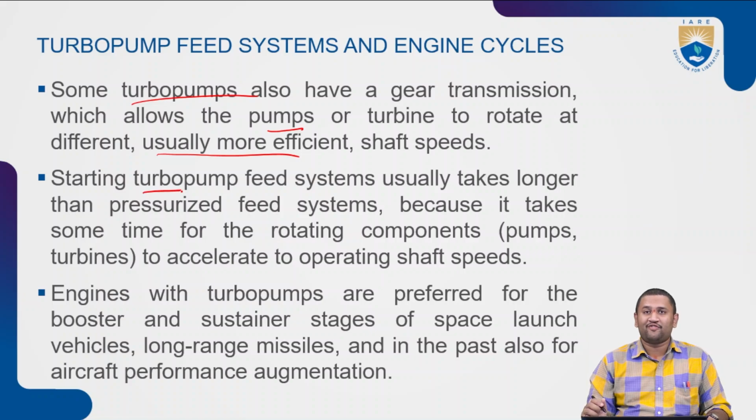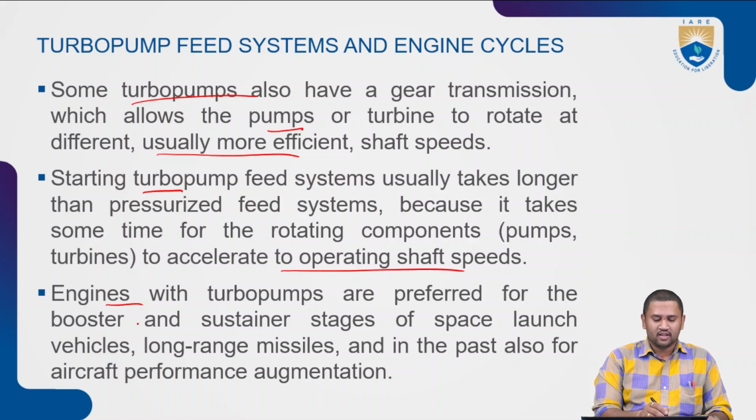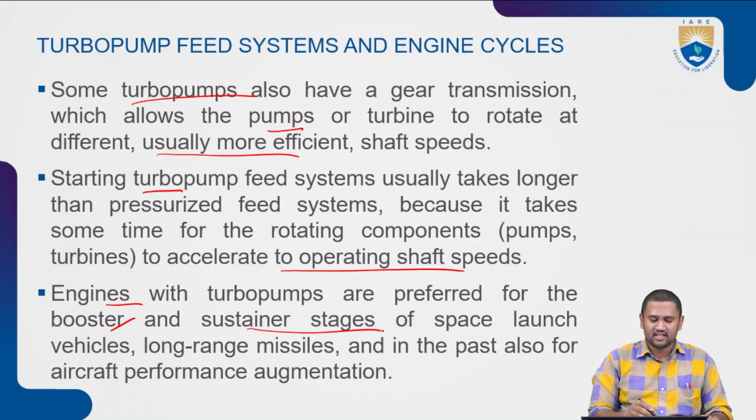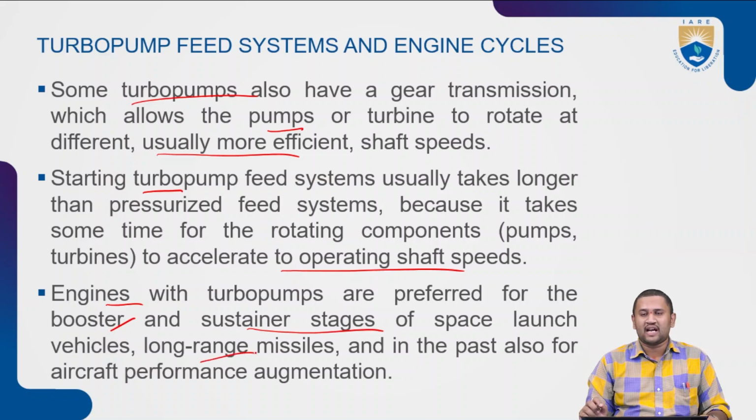Starting a turbopump feed system usually takes longer than the pressurized feed systems because they have to build up the RPM that is required to operate at the certain shaft speeds. The engines with turbopumps are preferred for the booster as well as the sustainer stages for space launch vehicles as well as the long range missiles, and in the past also for aircraft performance augmentation.